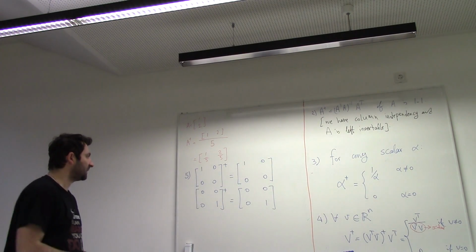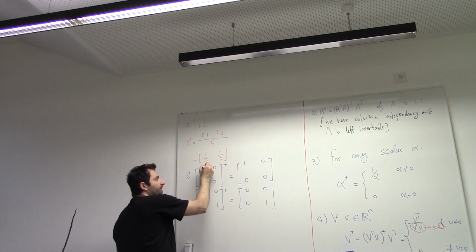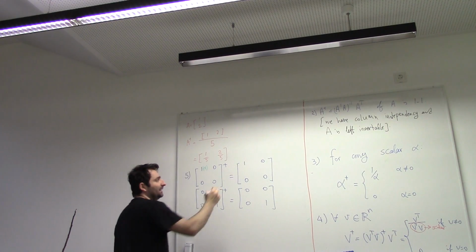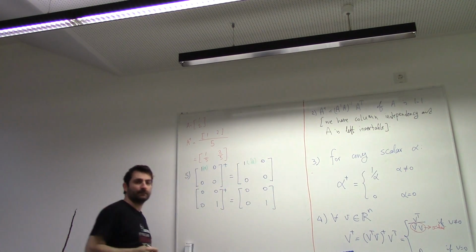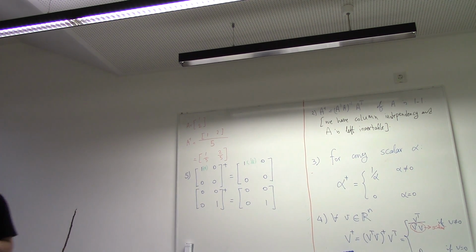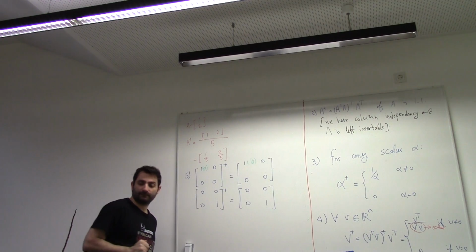However, I want you to keep this one in your mind. If this one was alpha, then this would be 1/alpha. I mean, if you want to generalize it. Similar thing is valid in here. If it is alpha, this is 1/alpha.